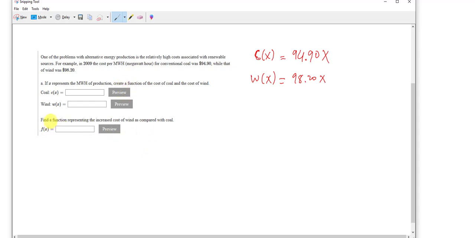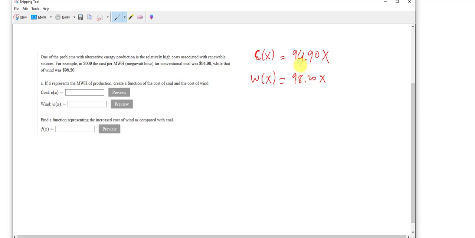And they ask you to find a function representing the increased cost of the wind as compared with the coal. Now you see that the wind is 98.20 each, so it's higher. It's not that big a difference, but it's higher than the coal.